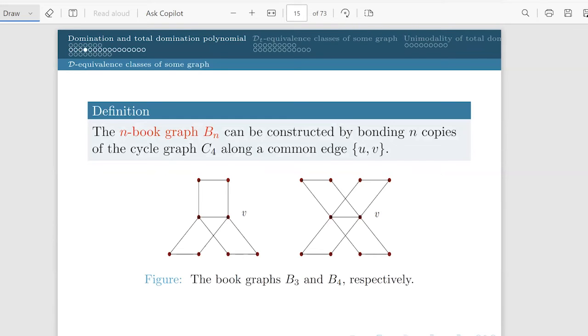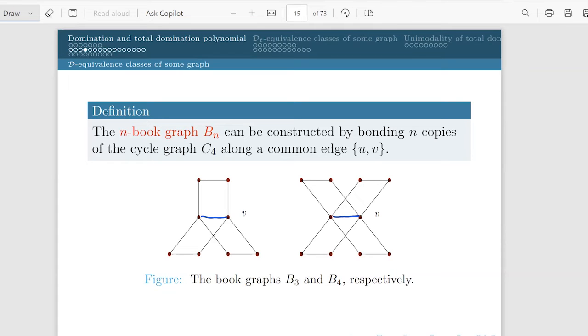And here is another specific graph, denoted by B_n and called the n-book graph, constructed by bonding n copies of C4 along a common edge. For example, this is a common edge for these 3 C4s, and here we have one common edge for these 4 cycles C4.